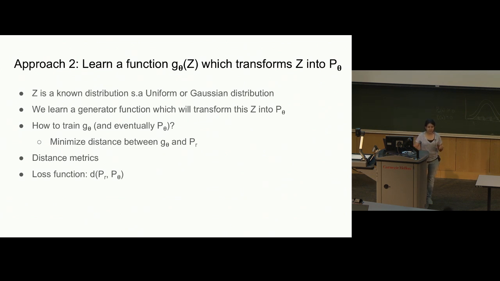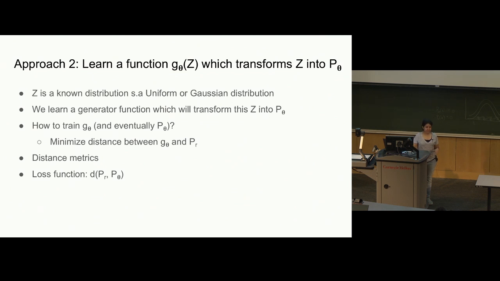So the training procedure of G theta will eventually give you what the value of P theta should be. What you have to do here is like what we were doing in the previous slide, but with G theta. That is, you want to minimize the distance between this differentiable function G theta and PR. PR is your real distribution that you're trying to approximate from the start.